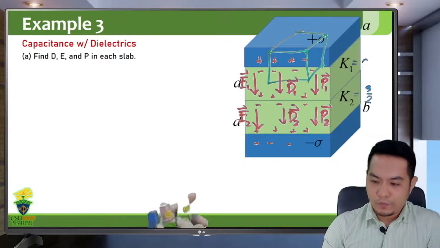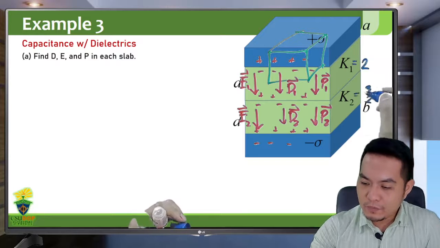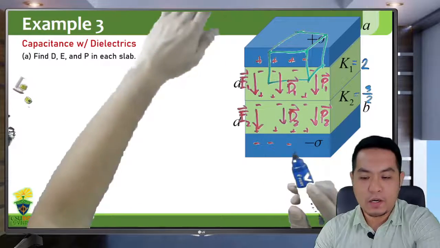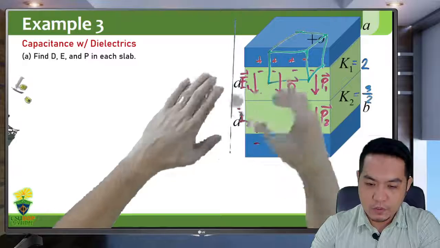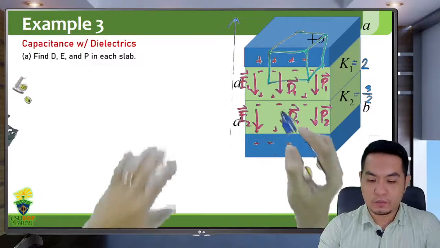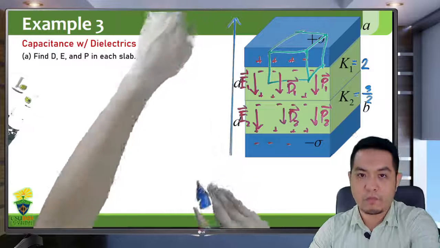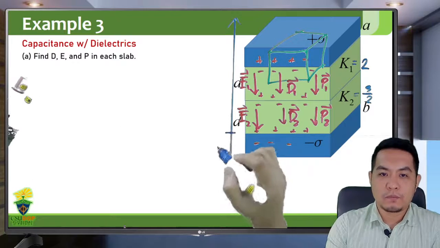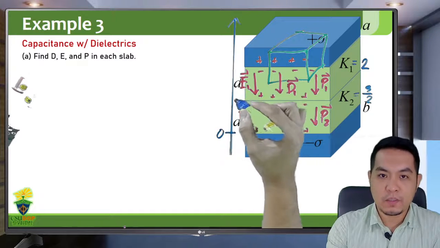So that we can have a reference for our direction, we will set the vertical axis as our z-axis. This will be our z-axis. So the lower plate location we will set as z equal to 0.